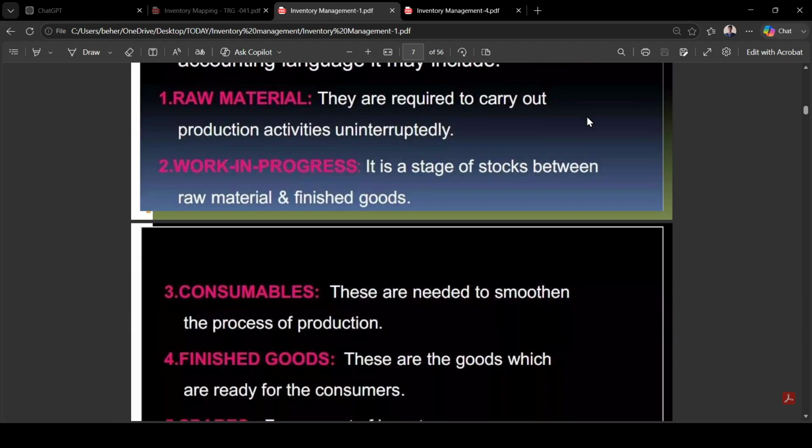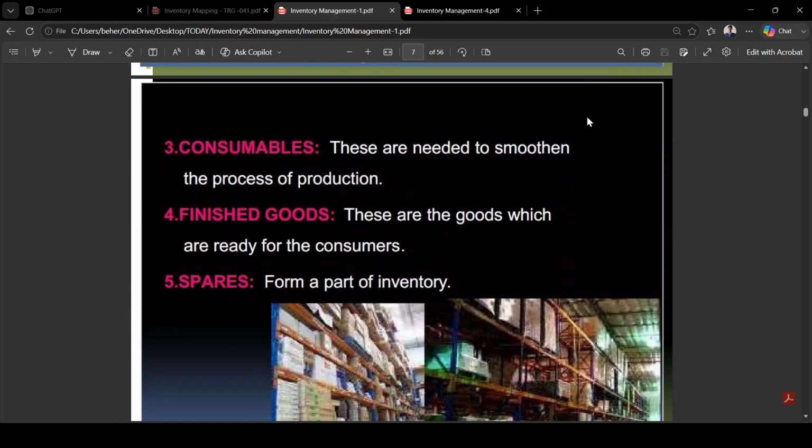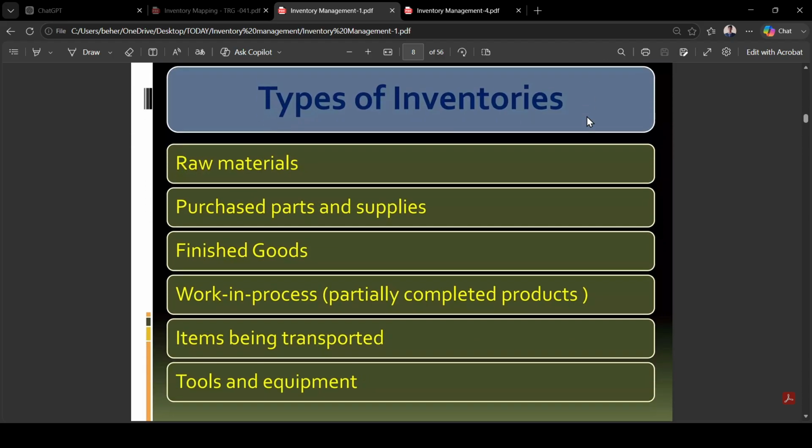Another is consumables, needed to smoothen the process of production. Finished goods are goods which are ready for the customer. Spares also form a part of inventory.